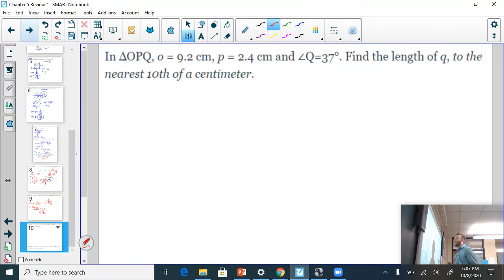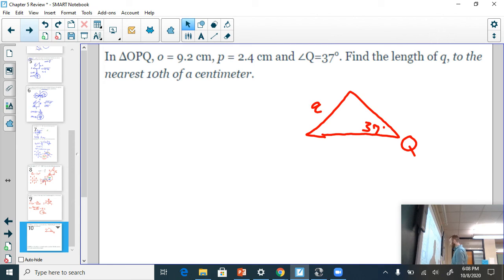So last one here, triangle OPQ. Do I see any angles? I do see an angle, so I'm just going to try and maybe make a 37-degree angle. I don't know what the rest of the triangle is going to look like. Doesn't matter too much. 37 degrees. That's Q. So across from it, we're going to have little q.